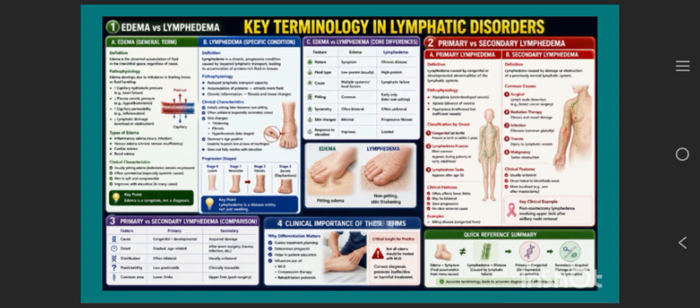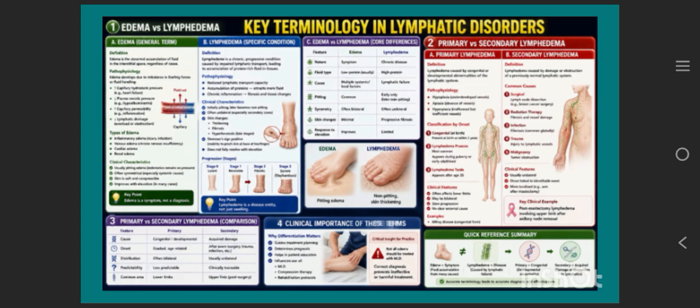Third common cause is infection like filariasis, common globally. Fourth is trauma, meaning injury to lymphatic vessels. Fifth is malignancies, that is tumor obstruction. What are the clinical examples of secondary lymphedema?